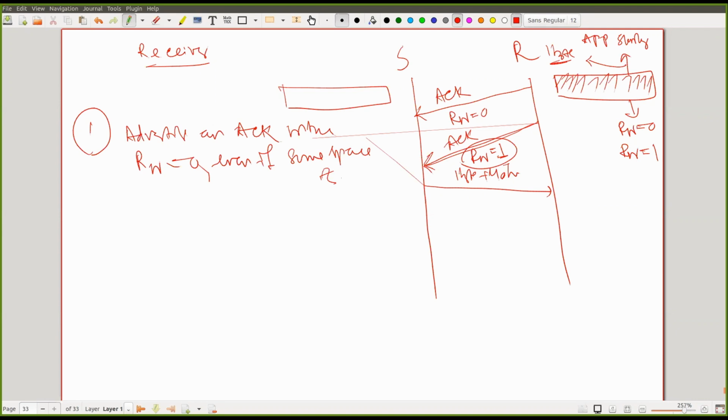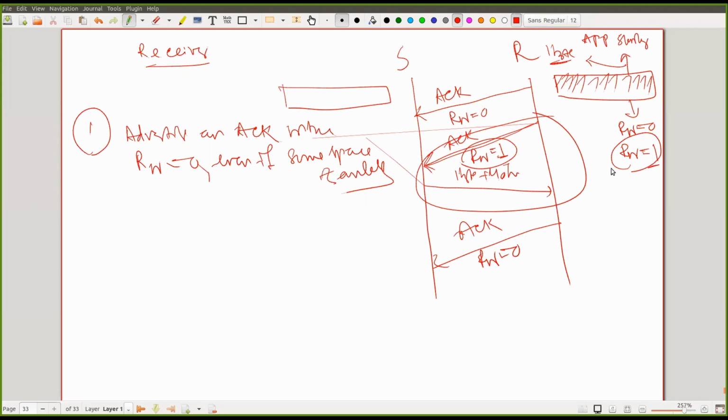Even if the receive window is actually 1, you don't advertise it, because the same problem is going to arise. Rather, it generates an ACK with a receiver window of 0, even if the receive window size is actually 1.